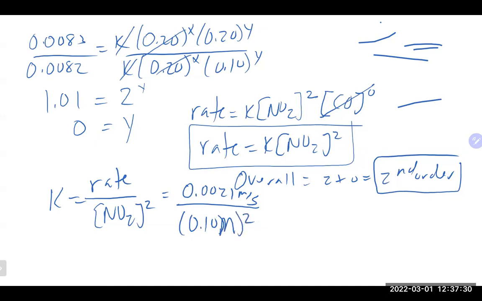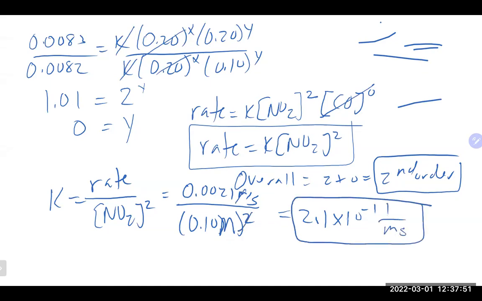And that gives us a rate constant of, looks like, 2.1 times 10 to the minus 1 units here. Basically, one of those would cancel, 1 over molar seconds in this case, or you could do molar like that if you like as well.